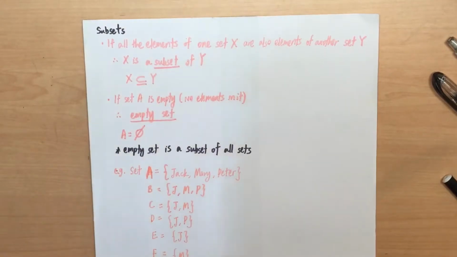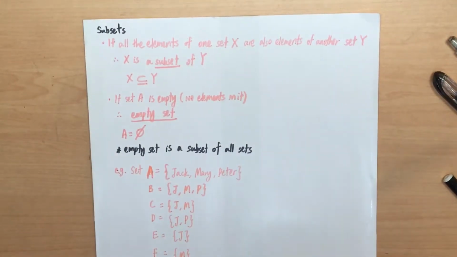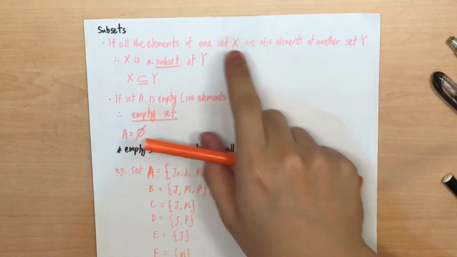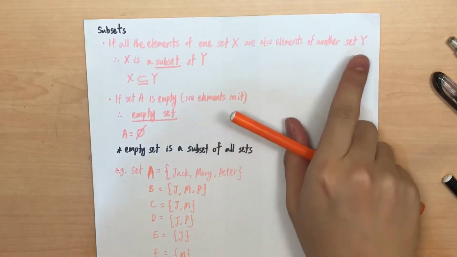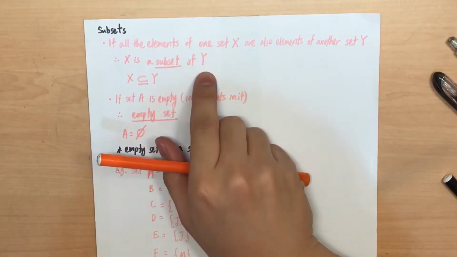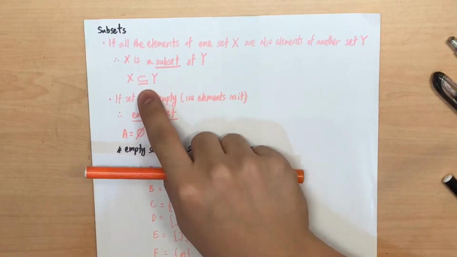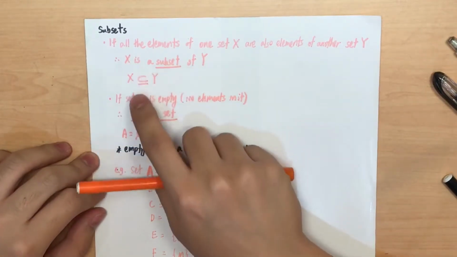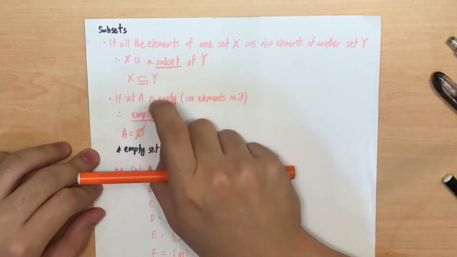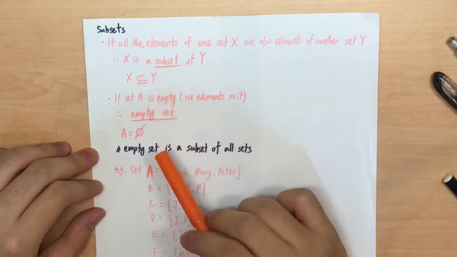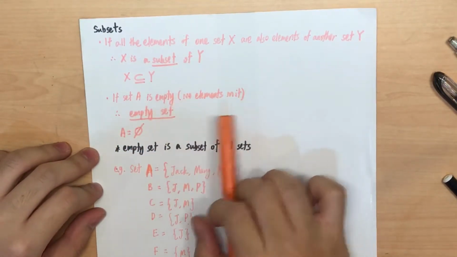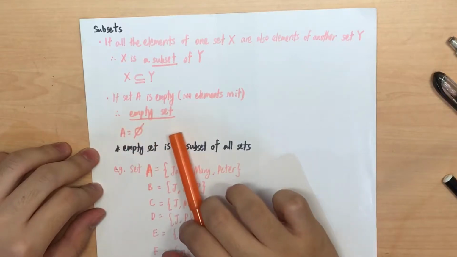Now we are coming to subsets. If all the elements of one set, maybe set X, are also elements of another set Y, then we say that X is a subset of Y, and we denote subset with this symbol, like a C with a dashed line at the bottom of the C. If a set is empty, we call it the empty set.